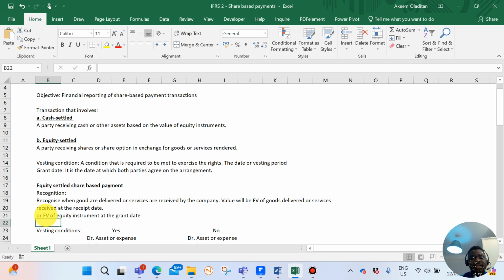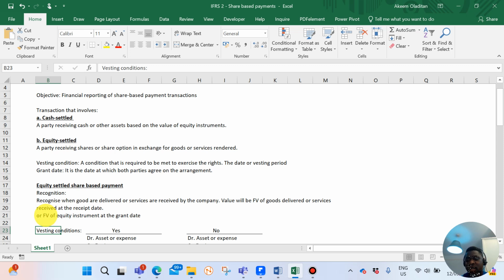So for the vesting conditions under equity settled share payment, there are two things to look out for. If there's a vesting condition, say 2 years or 3 years, it means that the recognition will be gradual. What that means is that you recognize at every point in time, let's say over 3 years.